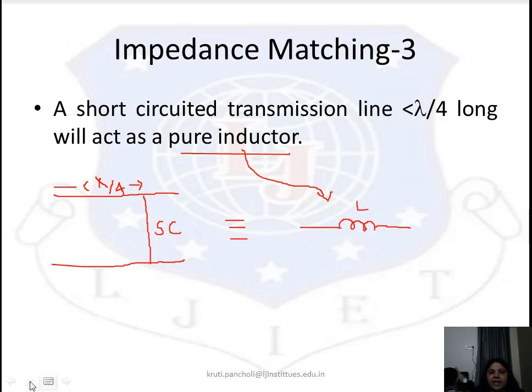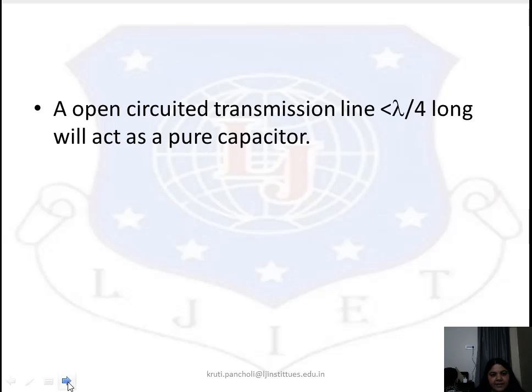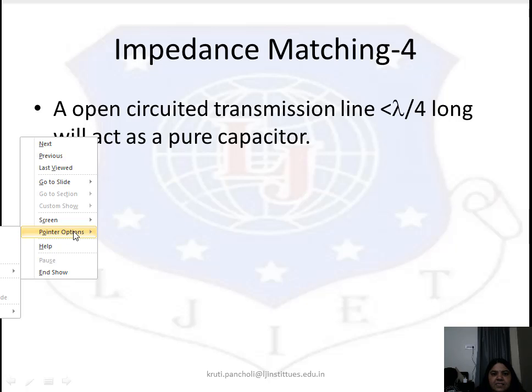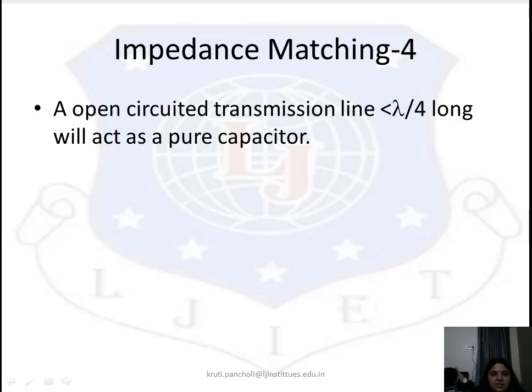Next, impedance matching 4. An open circuited transmission line less than lambda by 4 long will act as a pure capacitor. So now again we will draw the open circuited transmission line.